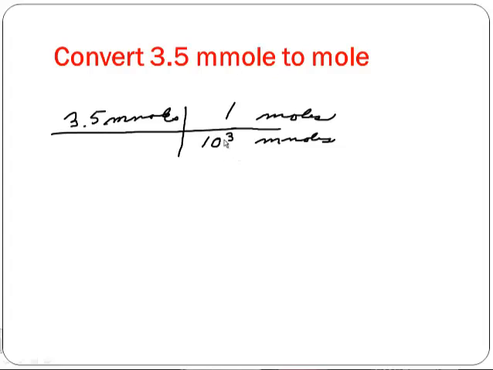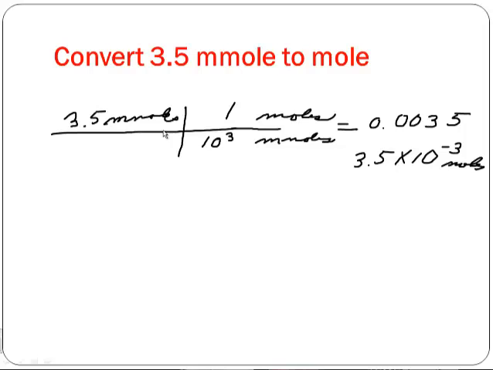So 3.5 divided by 10 to the third, or divided by 1,000, is going to be equivalent to 0.0035, or 3.5 times 10 to the negative third moles.